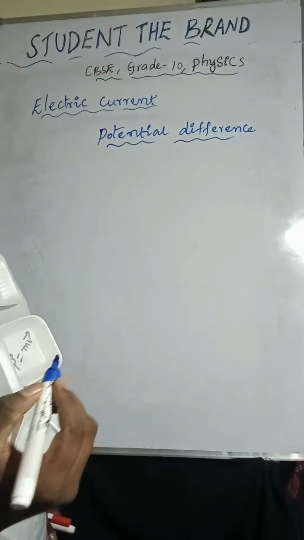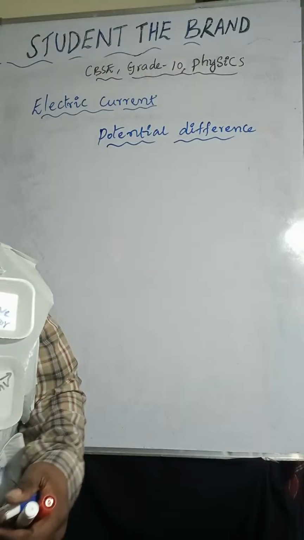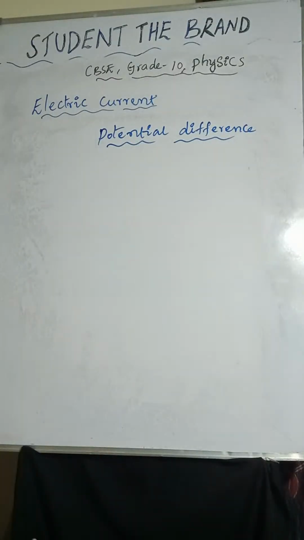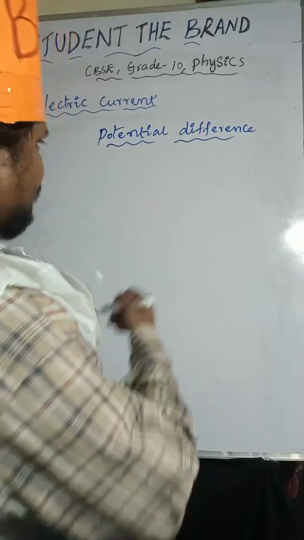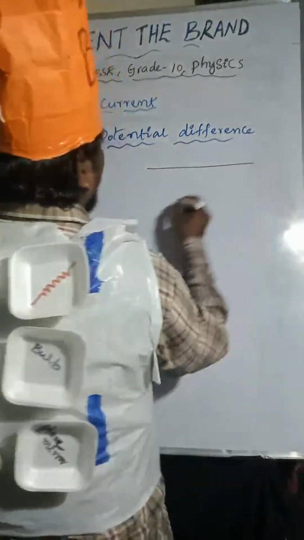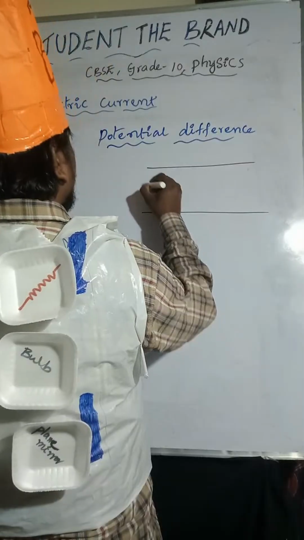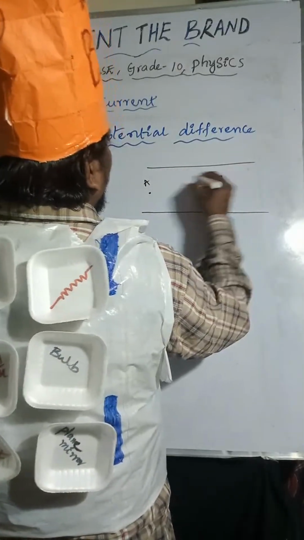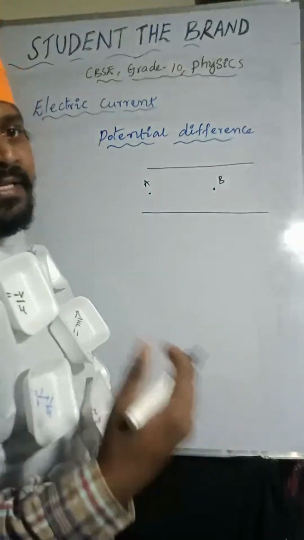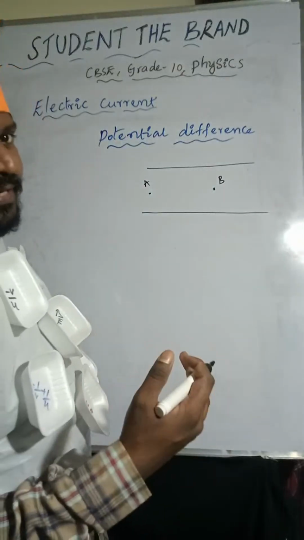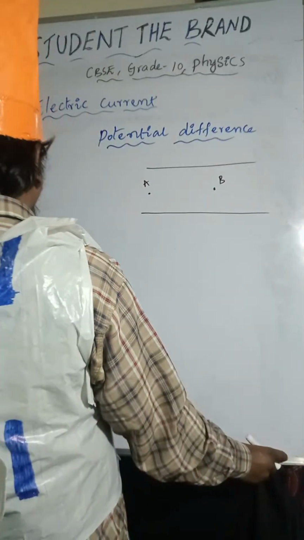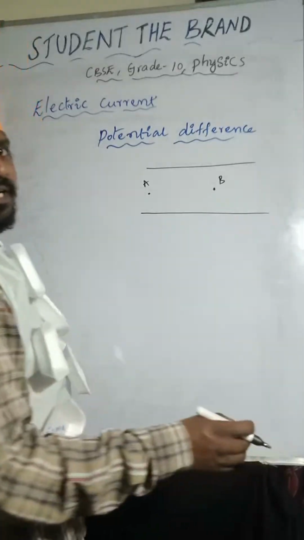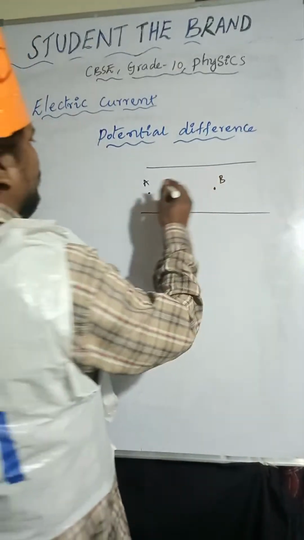Potential difference is the work done to bring unit positive charge from one point to another point within the conductor. So here, this is point A and this is point B. We are doing some work to bring unit positive charge from one point to another point.